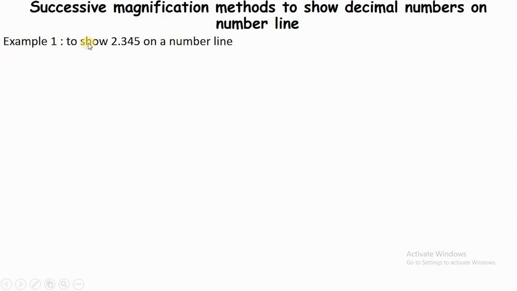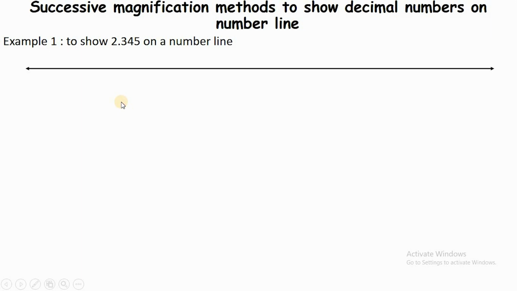First example is to show 2.345 on a number line. For that, the first thing we are going to do is draw a number line, and each point on the number line represents certain numbers. So we'll label them as 0, 1, 2, 3 and 4.